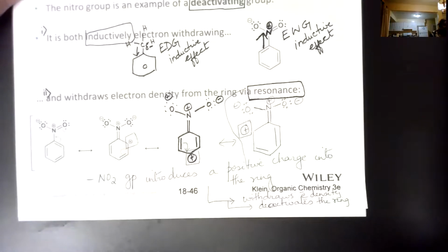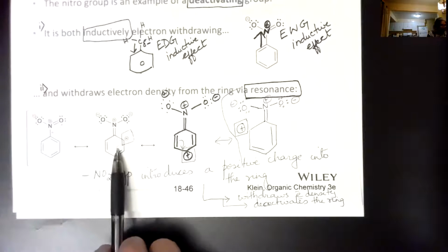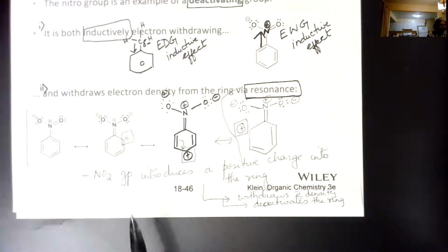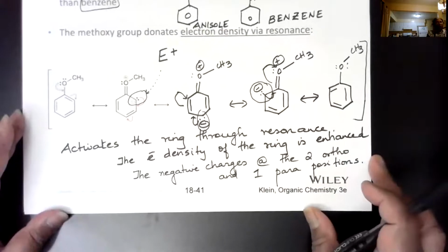See that? The nitro group introduces a positive charge, and therefore we say it withdraws electron density from the ring or deactivates the ring. Let's see how this is different from when we had the OCH3 group.